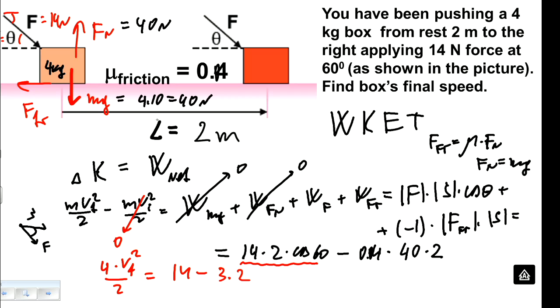And so 14 minus 3.2 is 10.8. Yeah, 10.8. And so speed will be equal to square root of 2 times 10.8 over 4. That's about square root of 5, 2 point something, 2.2?